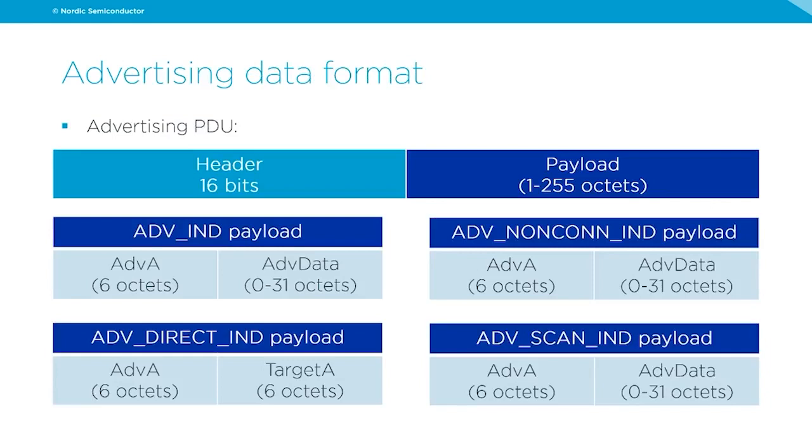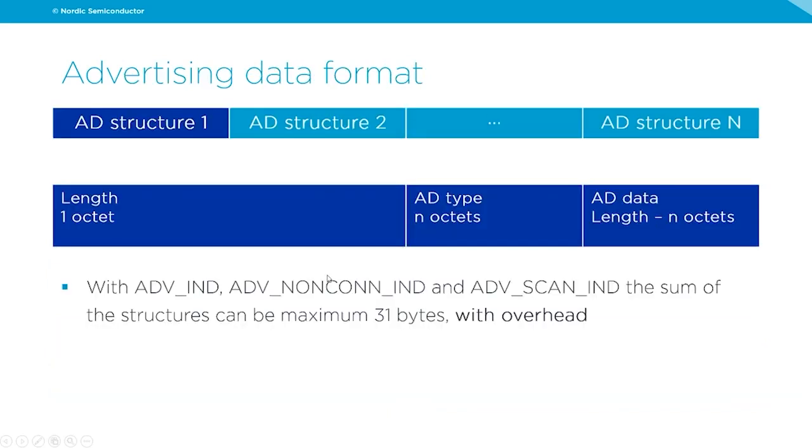We go back to the payload now. We're going to look into this advertising data. Inside this advertising data, I mentioned up to 31 bytes, you can have multiple advertising structures: structure 1, structure 2, structure 3. They are all inside this advertising data packet.